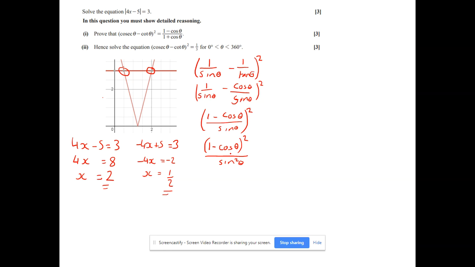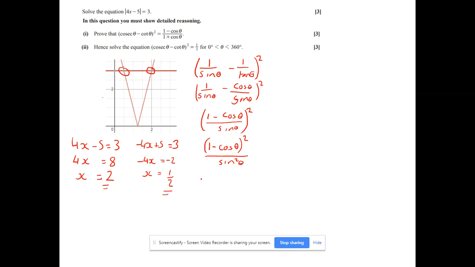At this point, you might be looking at multiplying these out, but now I'm going to look at the answer. I seem to have 1 minus cos here, so I need to get rid of one of the 1 minus cos, which means my sine squared has to disappear. Now remember that sine squared plus cos squared equals 1.